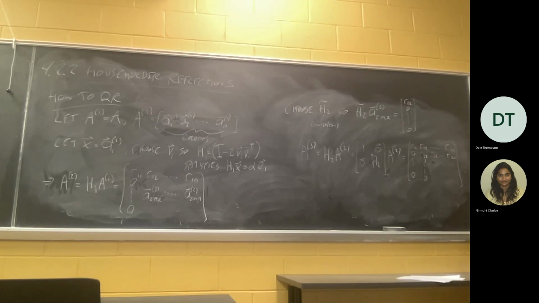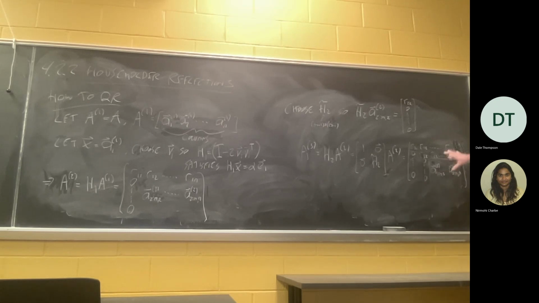And then what remains is columns of A3, entries 3 through M, column 3, 3 through M, column N. So these vectors are what will get operated on next to get us A4, and so on.